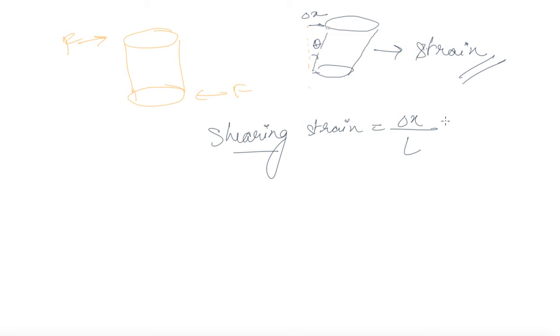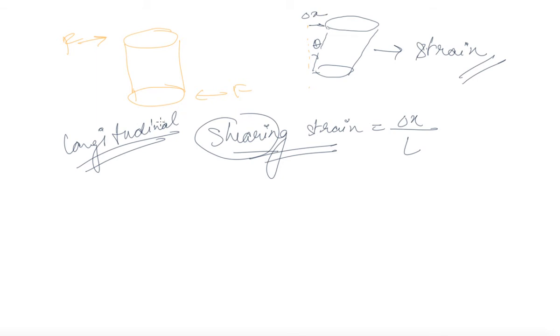Now what you can keep in mind is that shearing strain is basically different from longitudinal strain. You may ask me the question, how is shearing strain different from longitudinal strain?